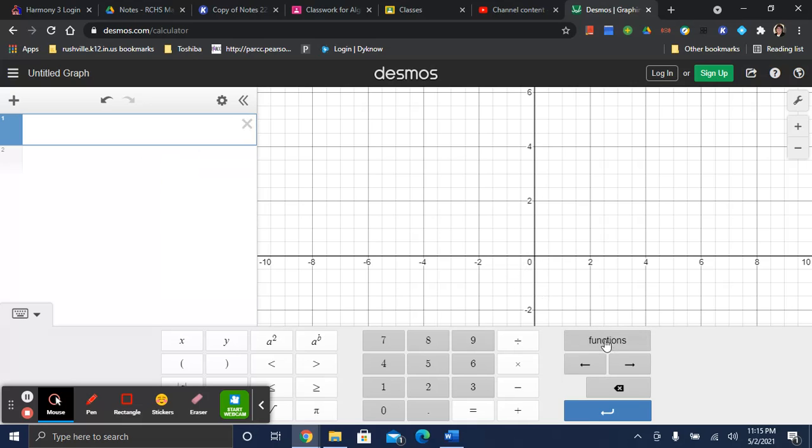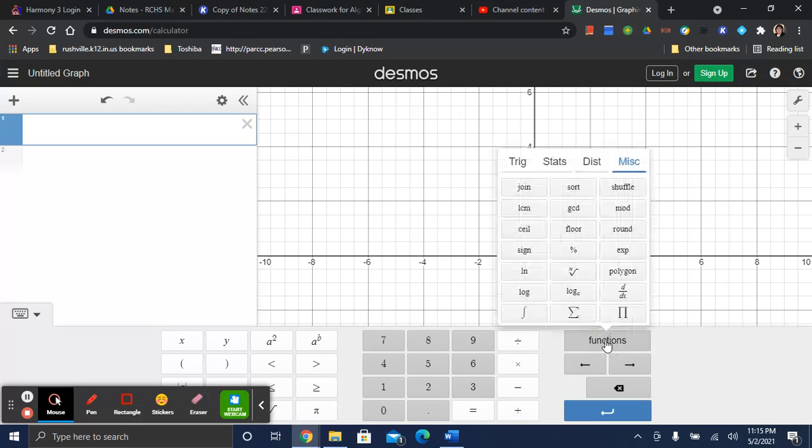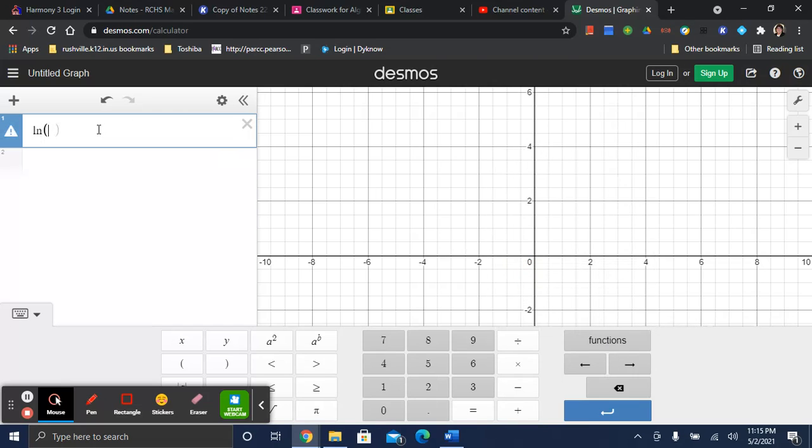To get to the natural log, you will go to Functions, and then notice that you have to go over to Miscellaneous. You'll choose ln, and it was the natural log of 15. Close that parentheses, and then we want to divide all of that by 4, and then 4 decimal places, 0.6770.